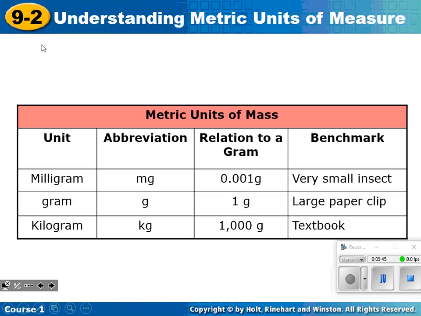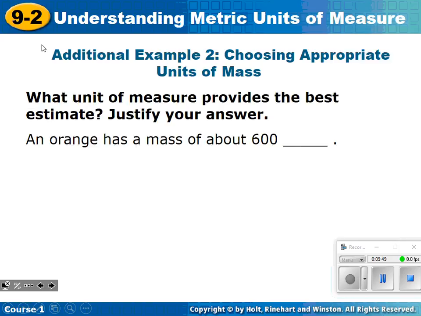So that's about a kilogram. So when you have problems like this, an orange has the mass or the weight of about 600 milligrams, which would be 600 mosquitoes. 600 grams, which is about 600 paper clips. Or 600 kilograms, which would be like 600 math books. That's a big orange.